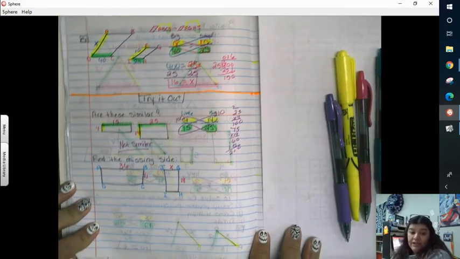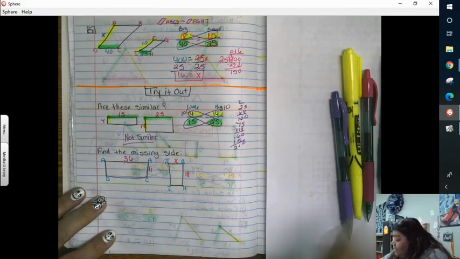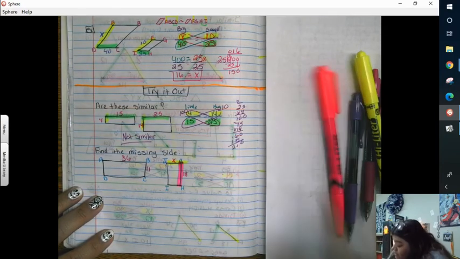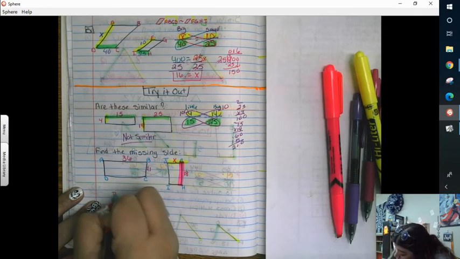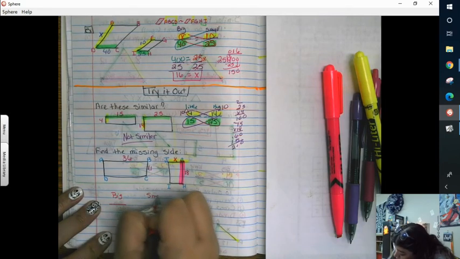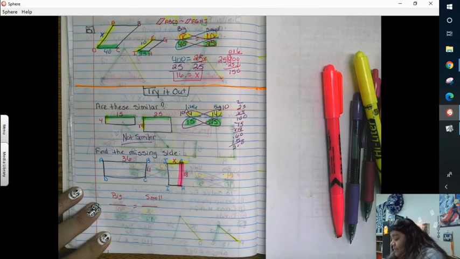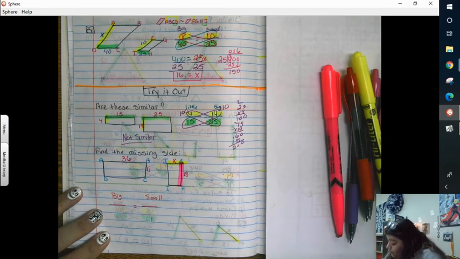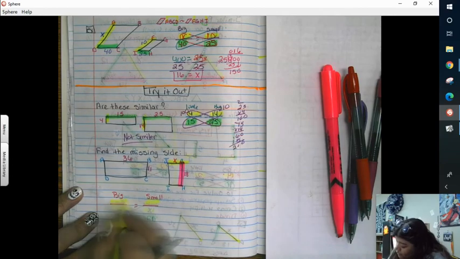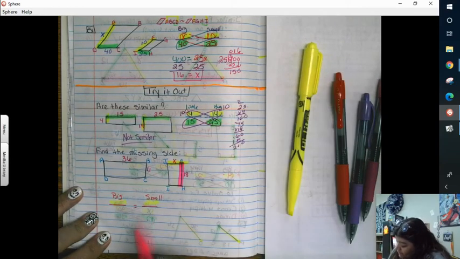All right. Let's check this one. Now we're finding the missing side. I'm going to highlight the missing side so I don't forget it. And lucky me, they only have one other number here right there. Perfect. So this is my big. This is my small. Okay, let's plug in our numbers. So I did yellow and pink.